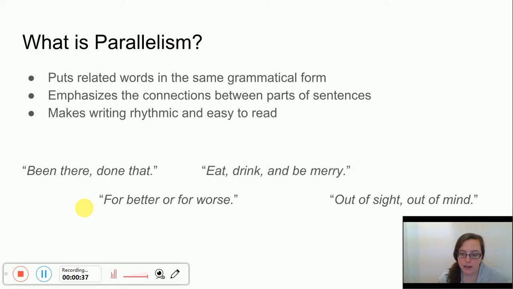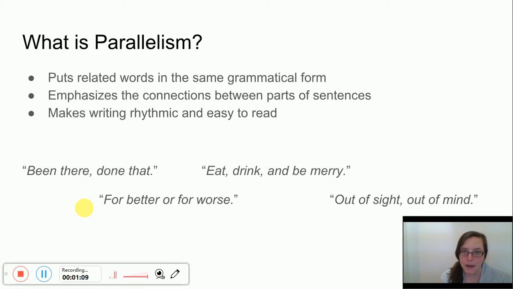What is parallelism? Parallelism is essentially getting a parallel structure. If you think of the word parallel, you've probably heard it mostly in math class when you're talking about graphing lines on an XY axis graph, and a line that goes like this might have another line next to it that goes like this, and they're both going at the exact same degree, and they're parallel, so they're running together.